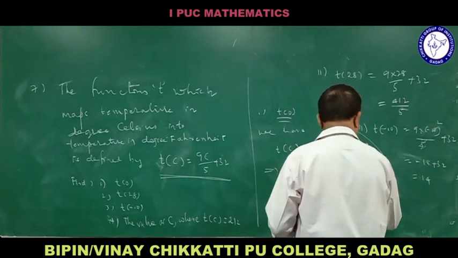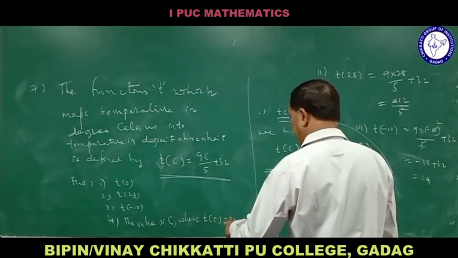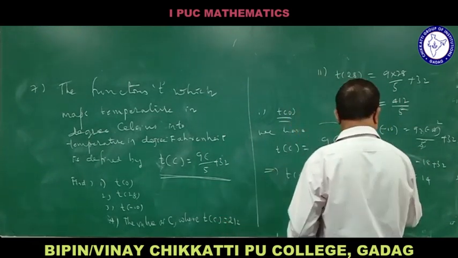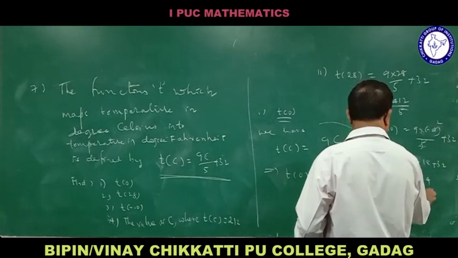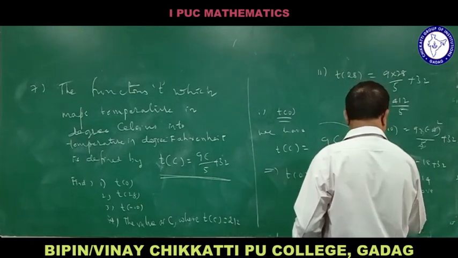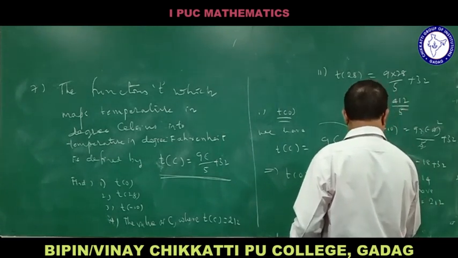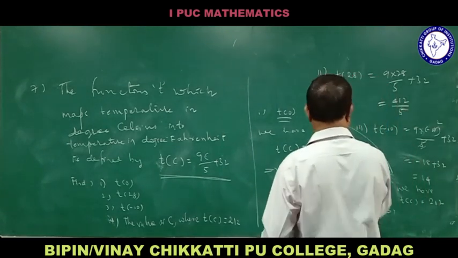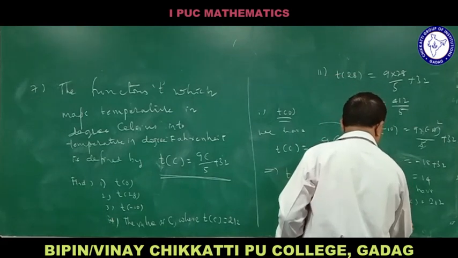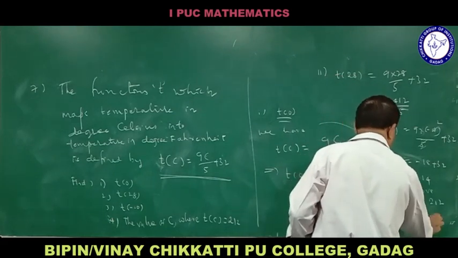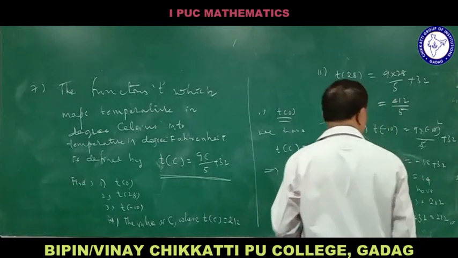And number 4, you see the value of C where T of C is equal to 212. We have the formula: T of C, 9C by 5 plus 32, is equal to 212.